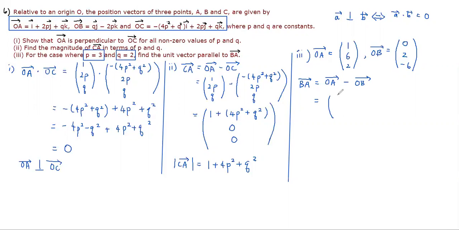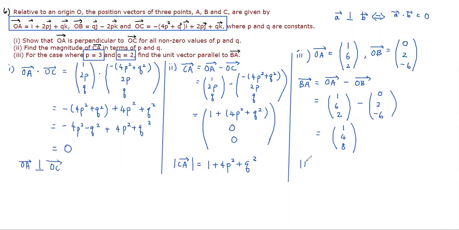So vector OA is 1, 6, and 2, and vector OB is 0, 2, negative 6. Then vector BA is 1, 4, and 2 plus 6, which is an 8 here. So you have 1, 4, and 8.